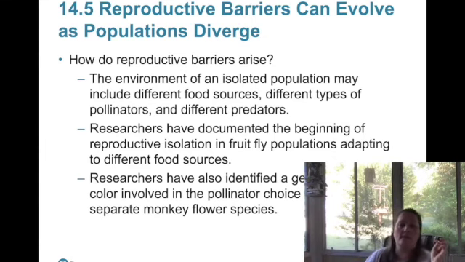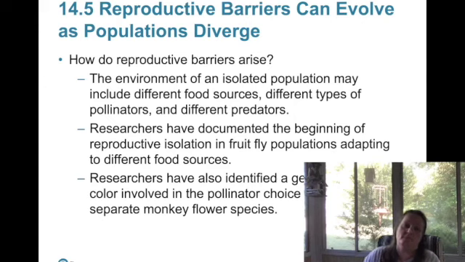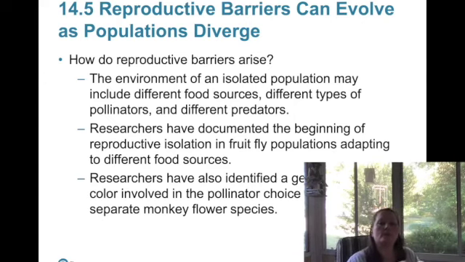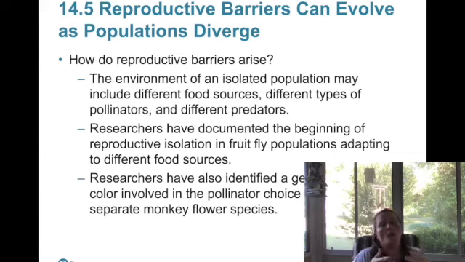And then we, of course, have different predators. Different predators are going to pick off different things, which can cause a divergence. All right, researchers have documented the beginning of reproductive isolation in fruit fly populations adapting to different food sources. If you look in your book, they show these fruit flies where they fed some starch and some, I can't remember what the other one was, but it was starch and something.